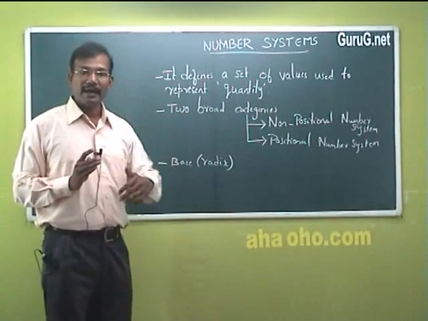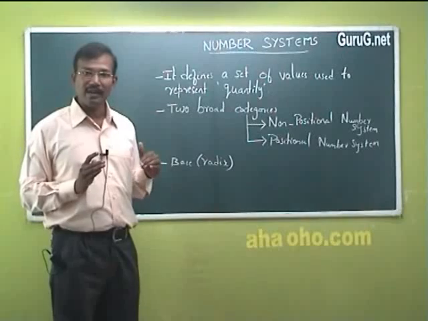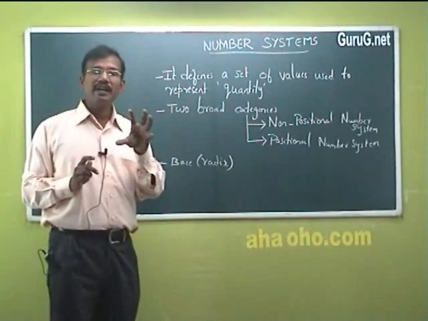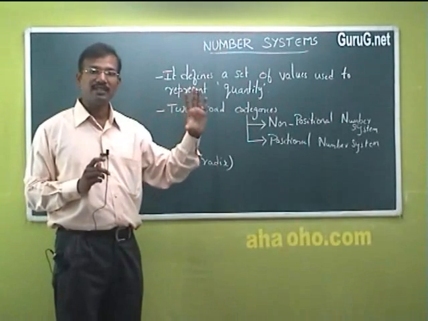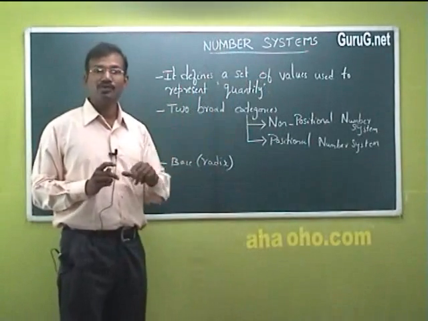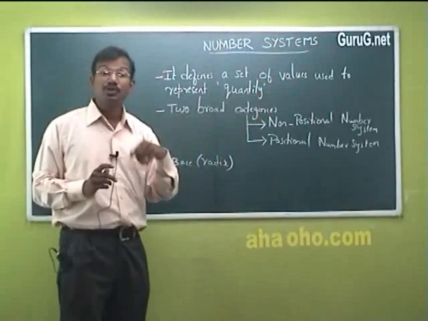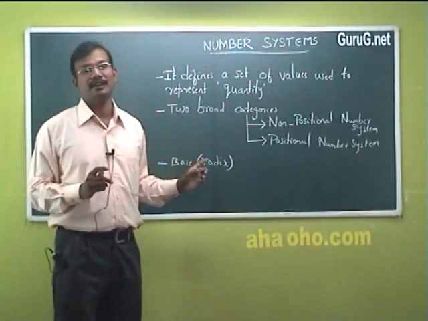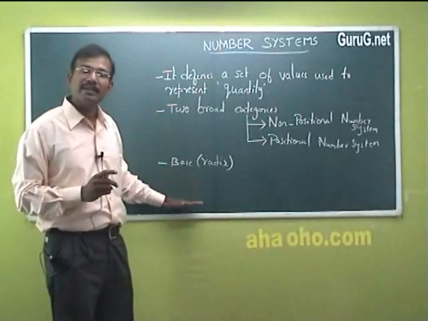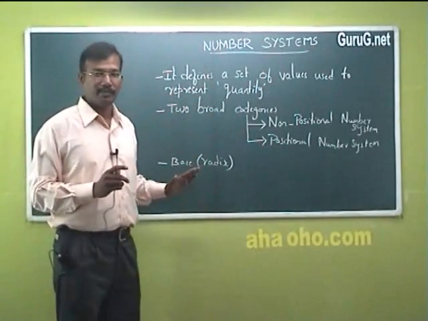For example, as I said earlier, in decimal we use 10 different symbols: 0, 1, 2, 3, 4, 5, 6, 7, 8, 9. So we have 10 different symbols, and the radix of decimal is 10. Similarly, we have the radix for other number systems.